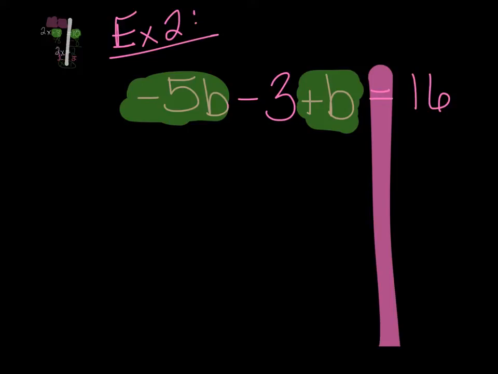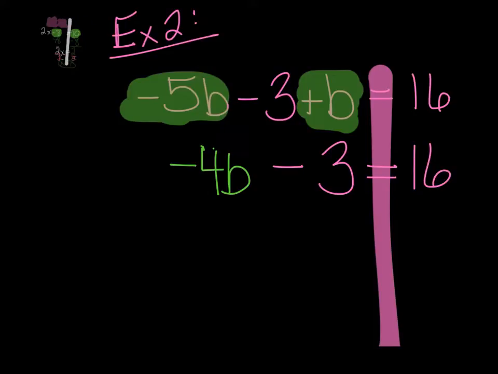Negative 5 plus 1 is a negative 4b. Okay. And then we drop this negative 3 down because it does not get combined until this step. Now, it's a 2-step problem, and this is where we would combine our like terms.